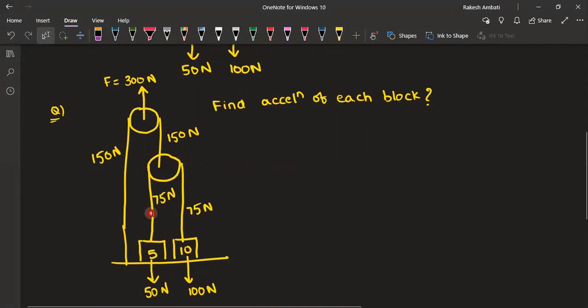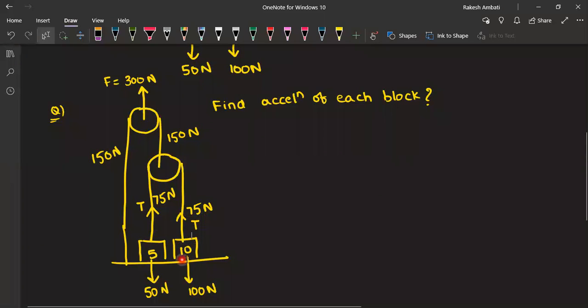Away from the 5 kg block along the string, and its value is 75 newtons. In the same way for the 10 kg block, the tension force is 75 newtons in this string.